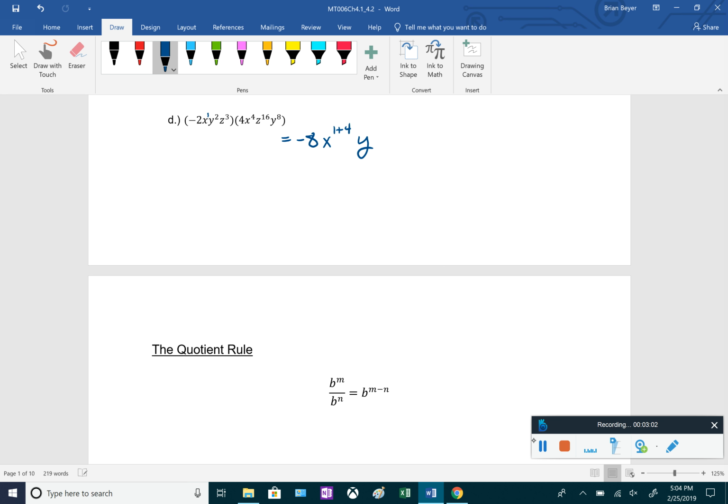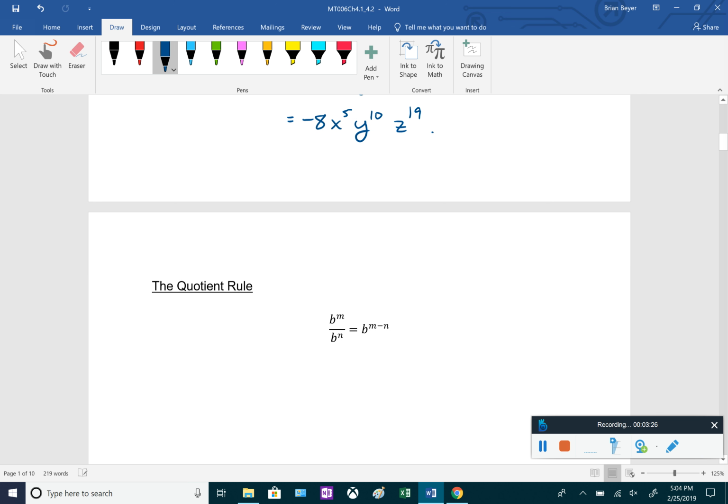For the y factor, y squared times y to the 8th, add the exponents. Times z to the 3rd and then z to the 16th, we add them again, so 3 plus 16. So it's negative 8, x to the 5th, y to the 10th, z to the 19th. Okay, so that's the product rule.